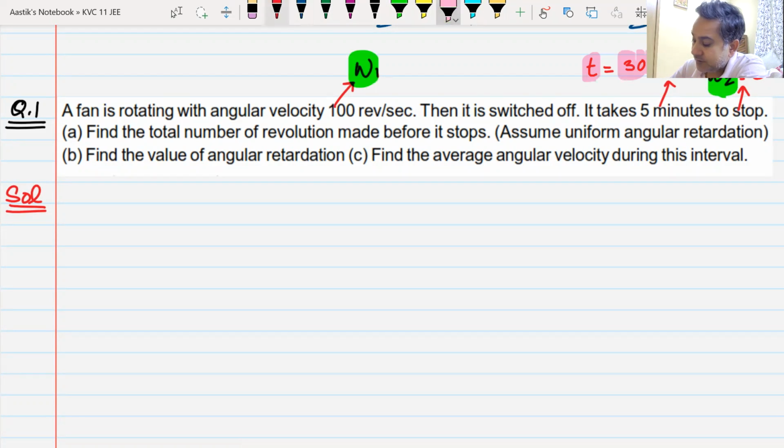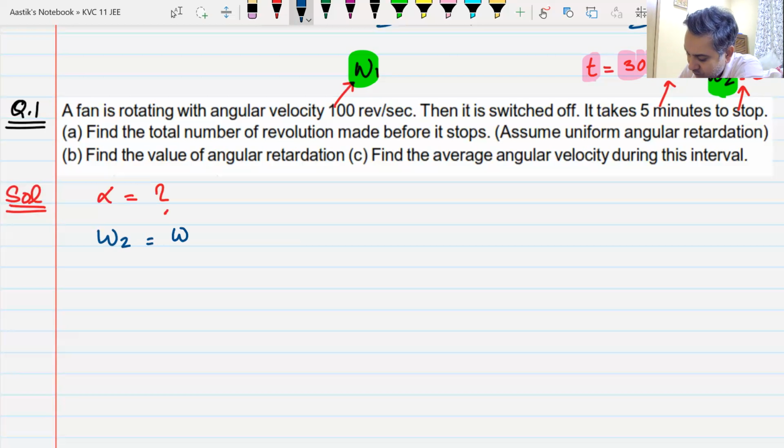So first of all, you can calculate the value of alpha, the angular acceleration. How will you get the value of alpha? You can use equation number 1: omega 2 is equal to omega 1 plus alpha t. Everything is known, so you can calculate alpha.